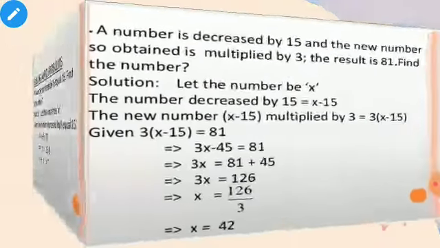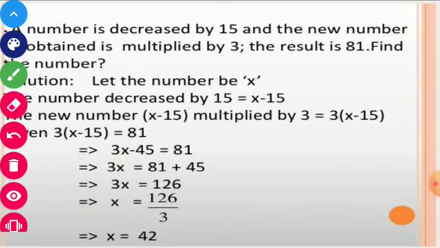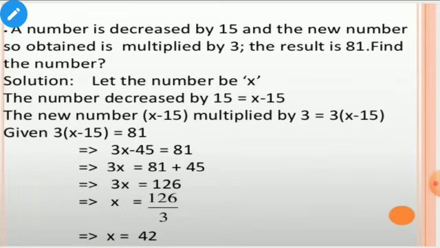One more example. A number is decreased by 15 and the new number so obtained is multiplied by 3. Let the number be x, decreased by 15, so x minus 15.